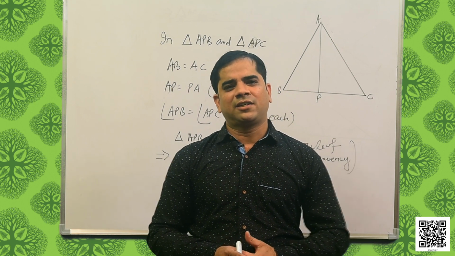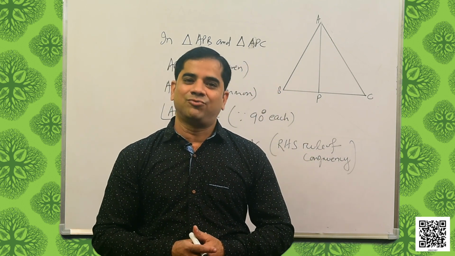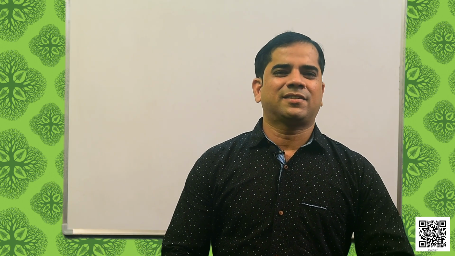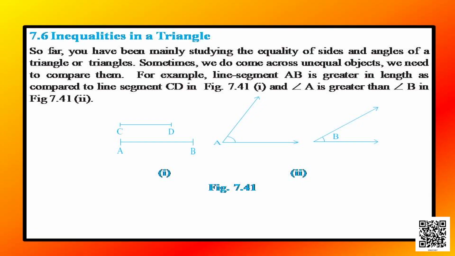Let us now discuss some more concepts about the triangles. Students, now we will discuss inequalities in a triangle. So far we have been mainly studying the equality of sides and angles of a triangle or triangles. Sometimes we do come across unequal objects.